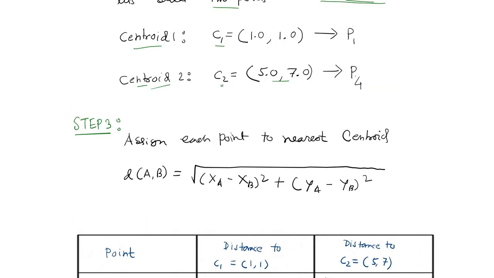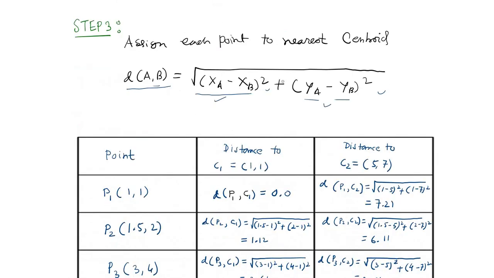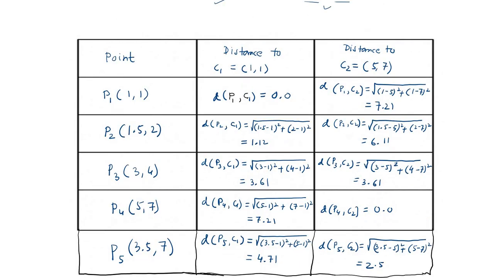Clear? Now assign each point to the nearest centroid. So we use the Euclidean distance, which is the square root of (xa minus xb) squared plus (ya minus yb) squared. So how does it look?